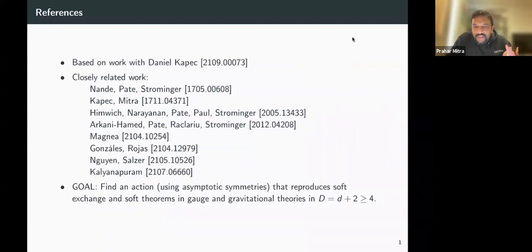So the goal is the following. The idea is about celestial CFT. Celestial CFT is the name that is given to a CFT that is dual to quantum gravity in flat space-time. If such a dual actually exists, that CFT is called celestial CFT. The reason we call it a celestial CFT is that it has conformal invariance. So it has charges that generate conformal symmetry, but it really doesn't have any of the other properties that we associate with CFTs.